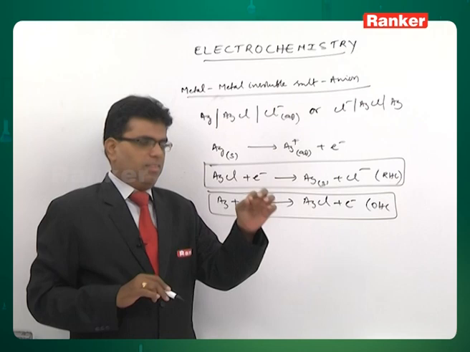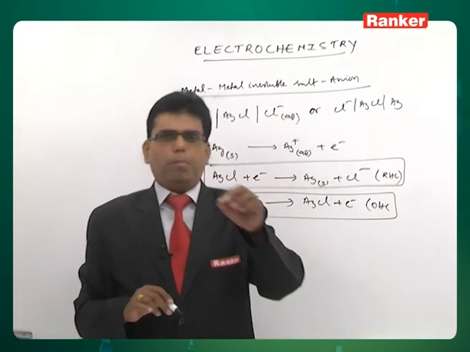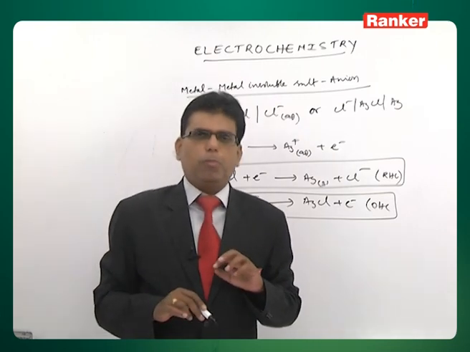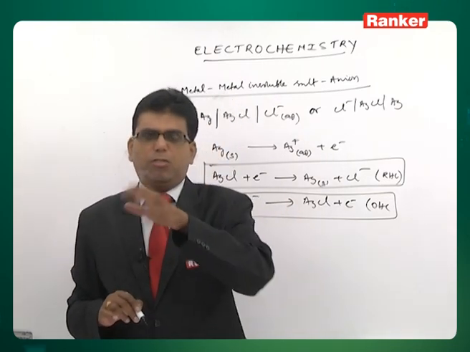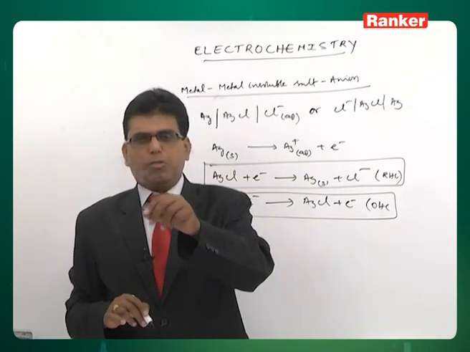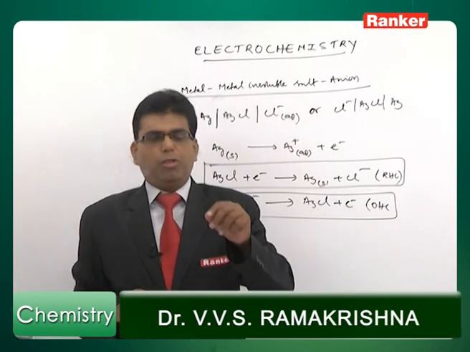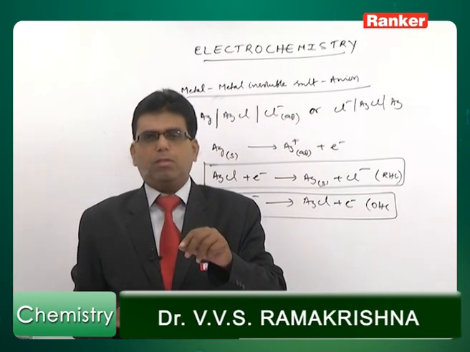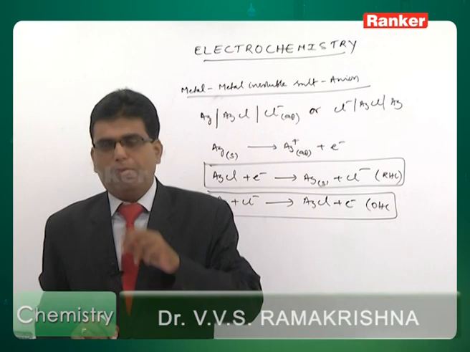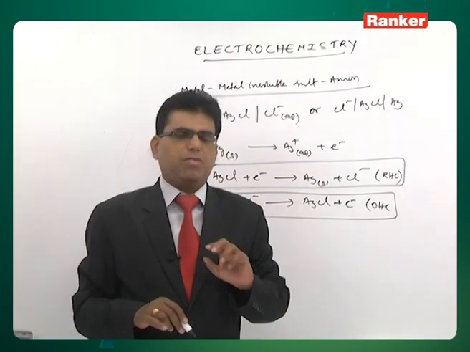Like zinc gets oxidized to Zn2 plus, copper gets oxidized to Cu2 plus. Copper either gets oxidized to Cu2 plus when it is in combination with silver, or Cu2 plus gets reduced to copper when it is in contact with zinc. So, like that, copper can act as both oxidation half cell or reduction half cell.